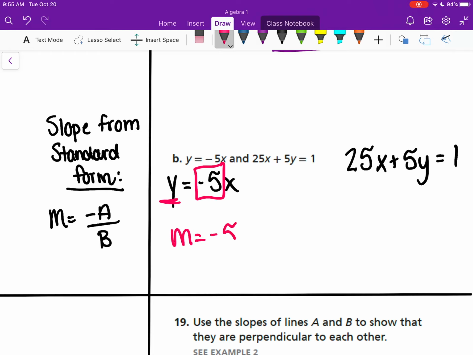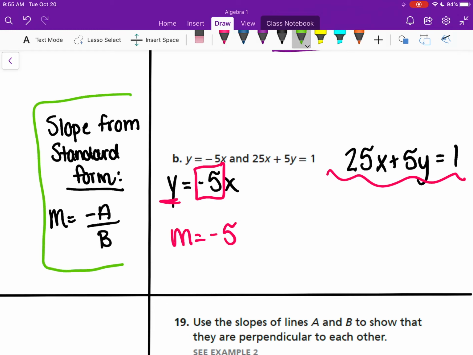So that slope is just negative 5. But in this equation, we're in standard form, and we don't know a quick way to find the slope until now. To find the slope from standard form, it is m equals the negative a value over the b value.